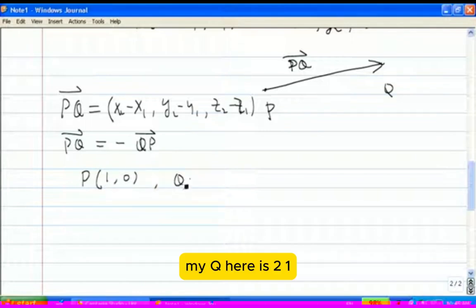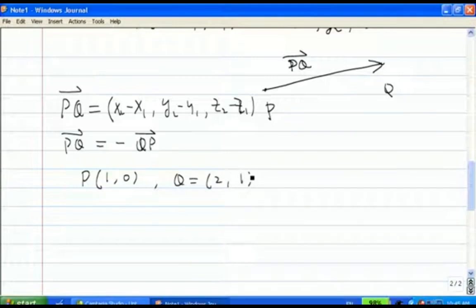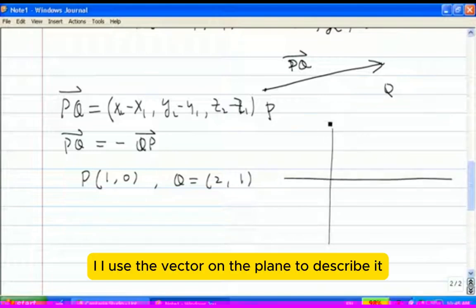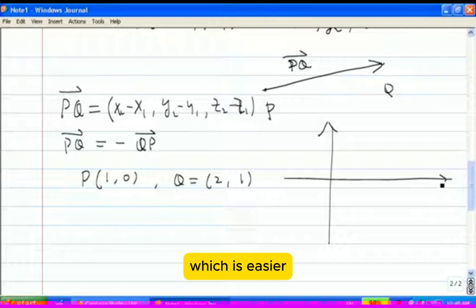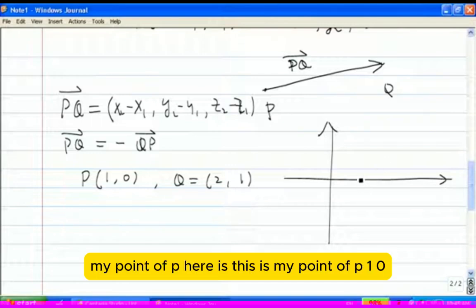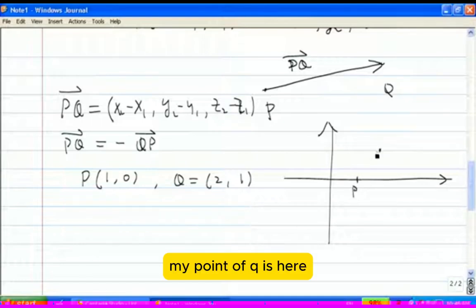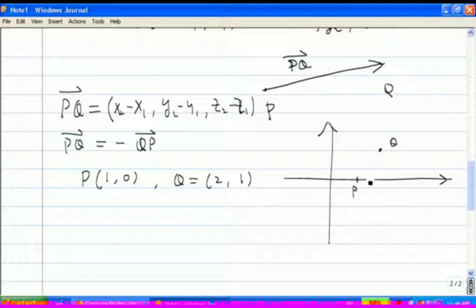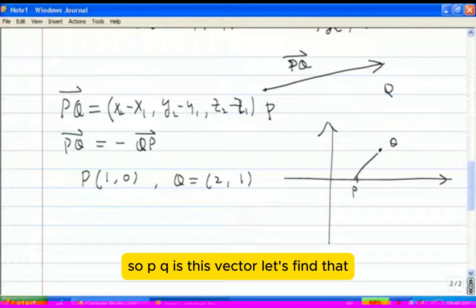My Q here is 2, 1. I use the vector on the plane to describe it, which is easier. My point P is here, 1, 0. My point Q is here, 2 and 1. So PQ is this vector.